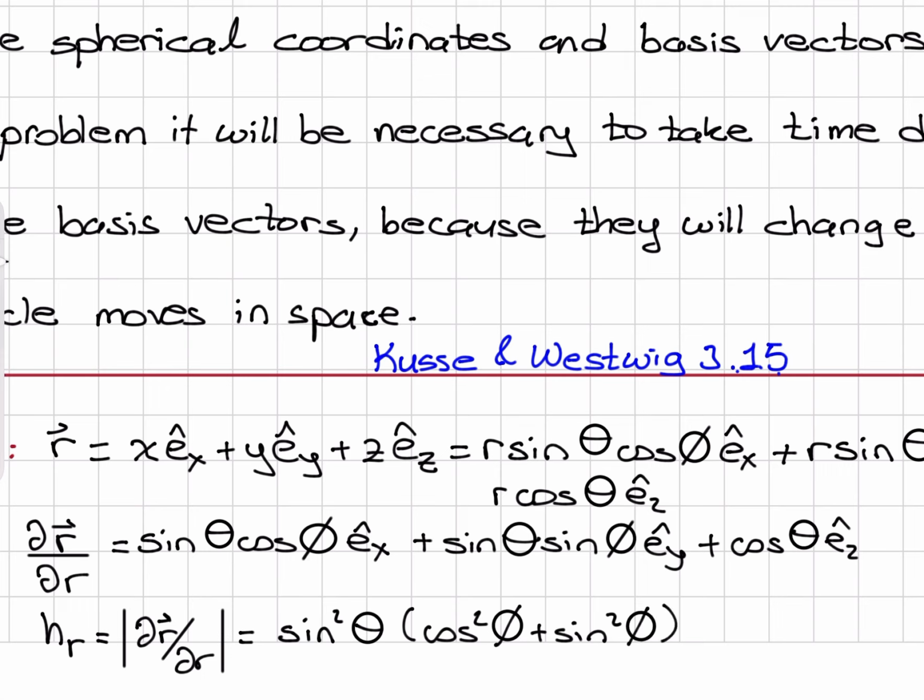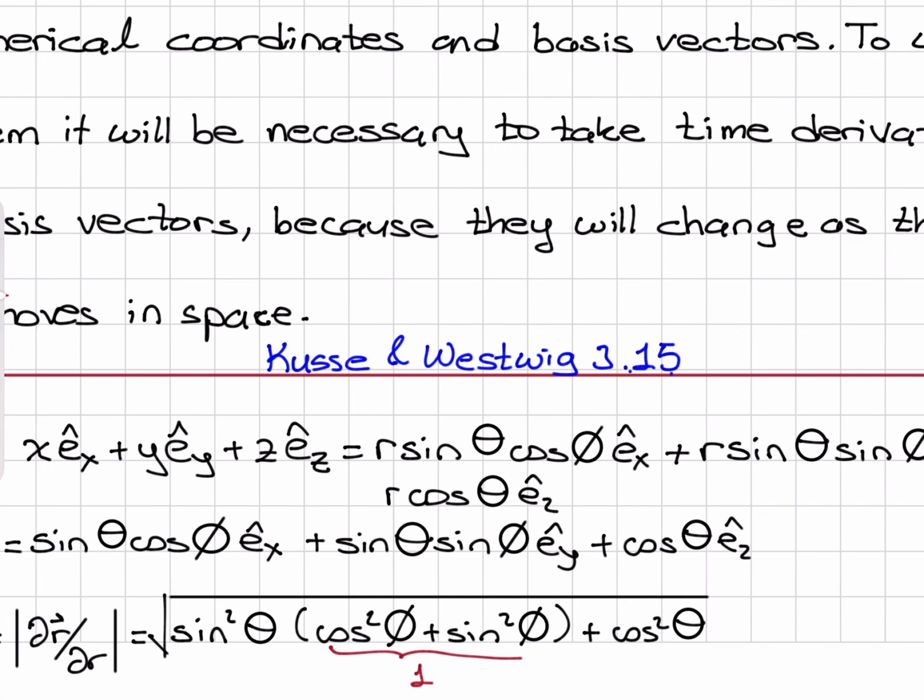And then I will have cosine square theta, and this is all inside the square root. And sine square plus cosine square is equal to 1. So I obtain again sine square plus cosine square, which is again 1. Therefore, I find that the scale factor h sub r is equal to 1.